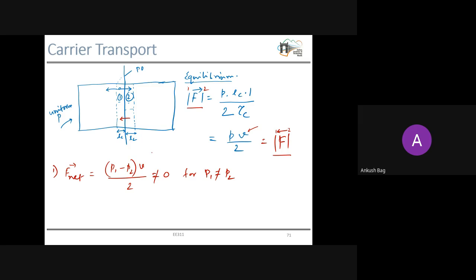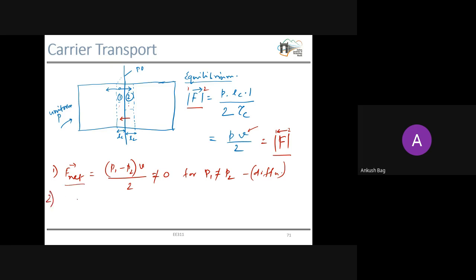We can get this net motion when there is a difference between P1 and P2, meaning a difference in carrier concentration in region 1 and region 2, which is nothing but diffusion. So in case of diffusion, you will arrive at this condition where you will have net motion.